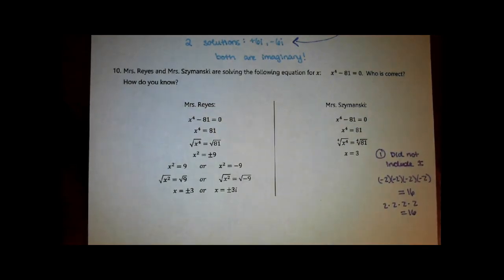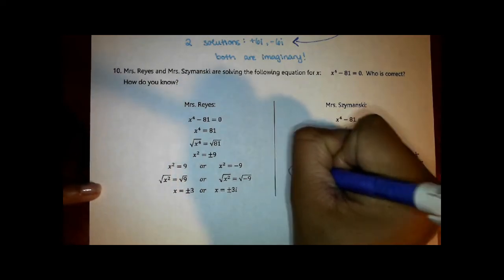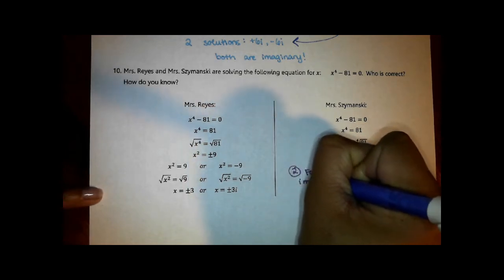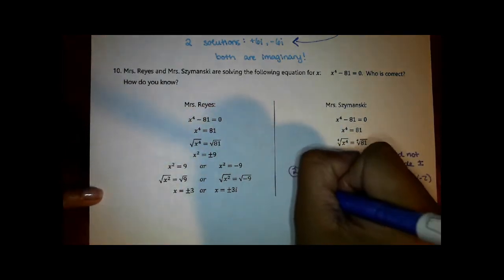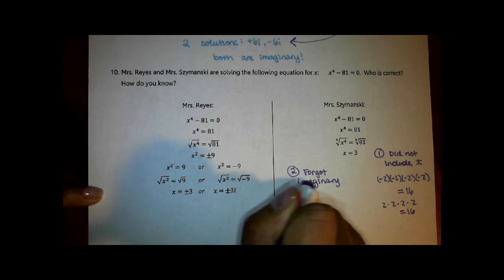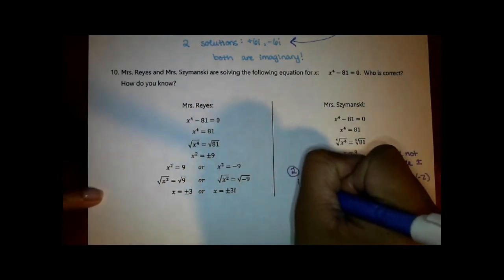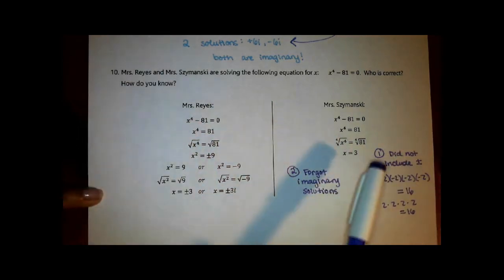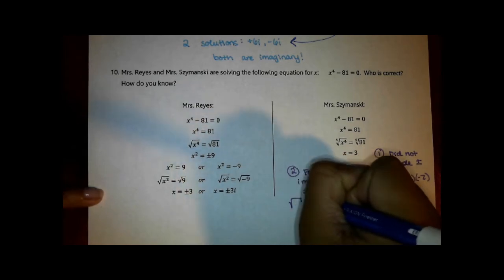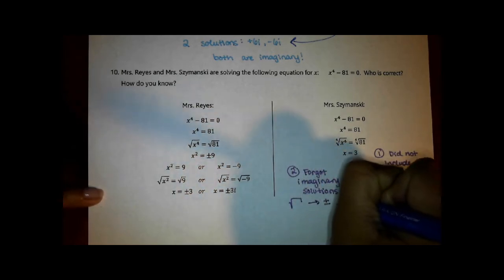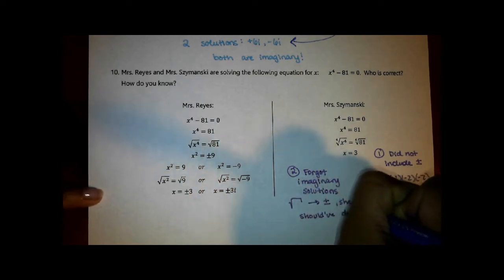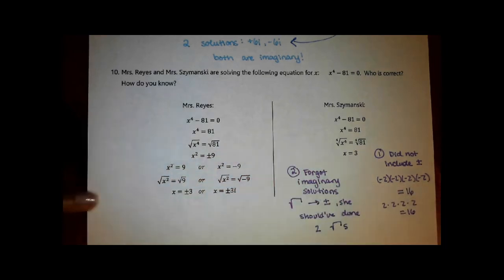And then, on the other hand, she also forgot the imaginary solutions. And how did she forget those? Well, she forgot them because right here, when you do a square root, it leads to plus or minus, and she should have done 2 square roots.